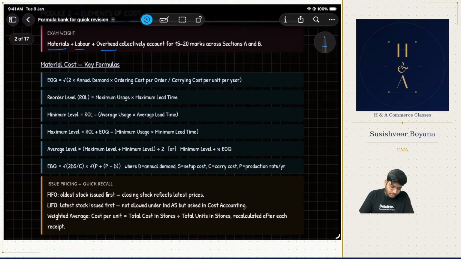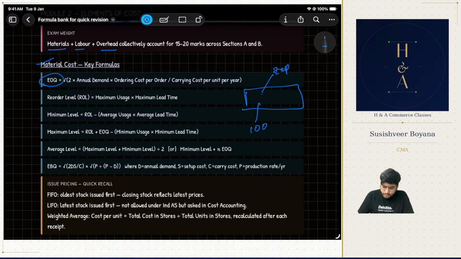First and foremost, material cost. What is EOQ? Economic order quantity. For any running business, they can't have 10 orders or 100 orders at an irregular interval, right? Because for every time, okay, let us just assume you guys order food from online platforms, right? Or groceries. Let us say you use Zepto.